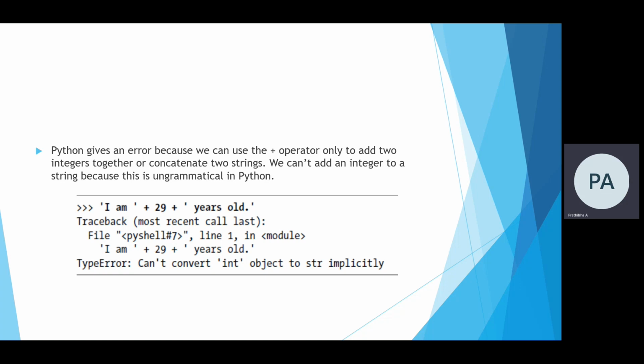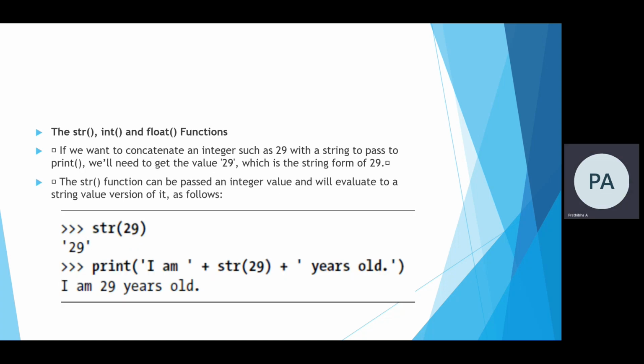As we know, plus can be used between two integers or between two strings. Here 29 is an integer, so it will not be treated as a string, and we are going to get this error. If I want to convert, you have the str, int and float functions. This we will take up in the next session.